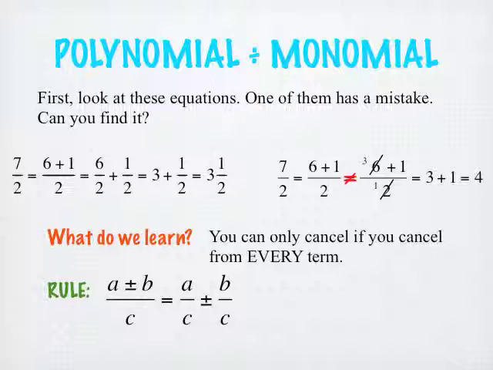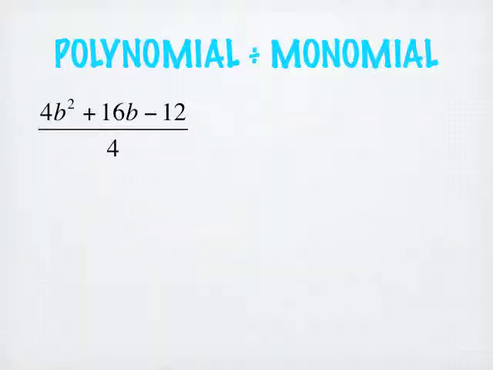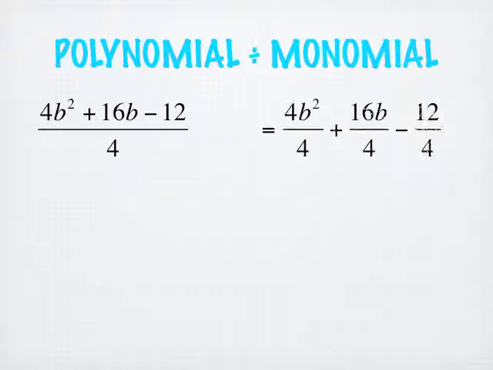So let's see how that applies. 4b squared plus 16b minus 12, all over 4. I have multiple terms. In fact, I have 3 terms in the numerator and 1 term in the denominator. So I'll split it into many fractions. I'll take 4b squared over 4, 16b over 4, and 12 over 4.